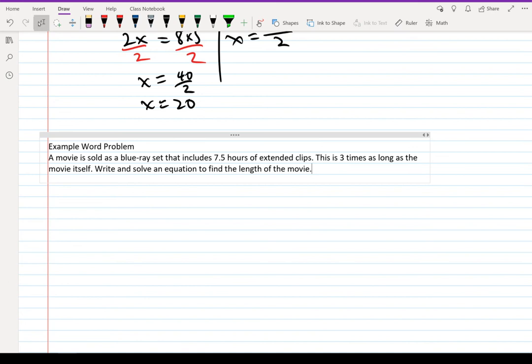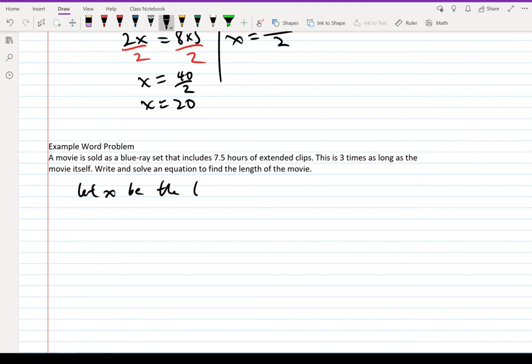In this case, I'm going to let x be the length of the movie. So you can write that as 7.5 is equal to 3 times the movie, 3x.